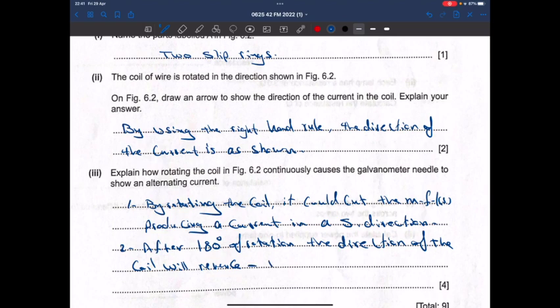So it means the direction of the current will change, and so on. And so on here means this process could repeat every 180 degrees. It means the current will reverse its direction every 180 degrees. And this is what we know as alternating current.